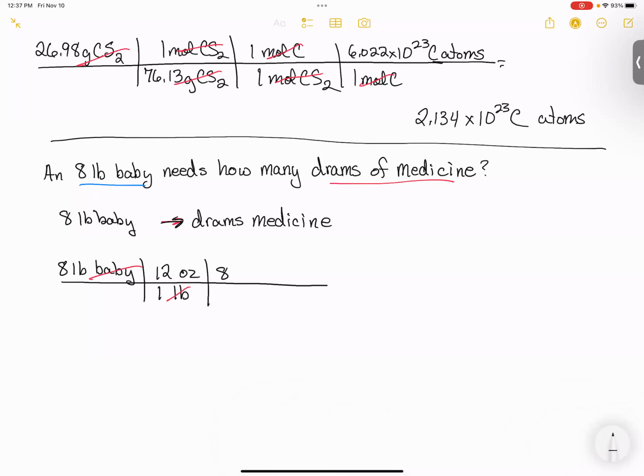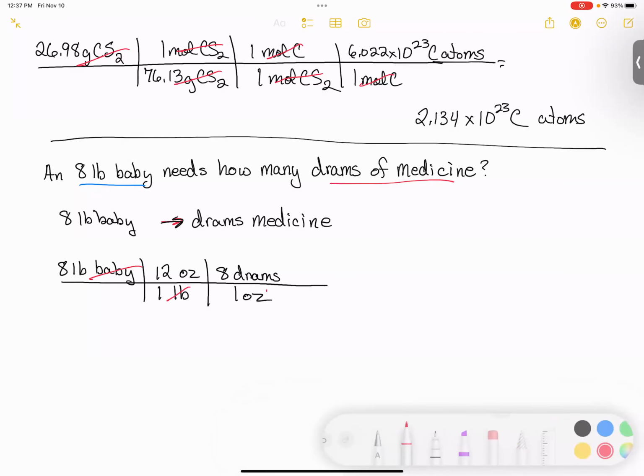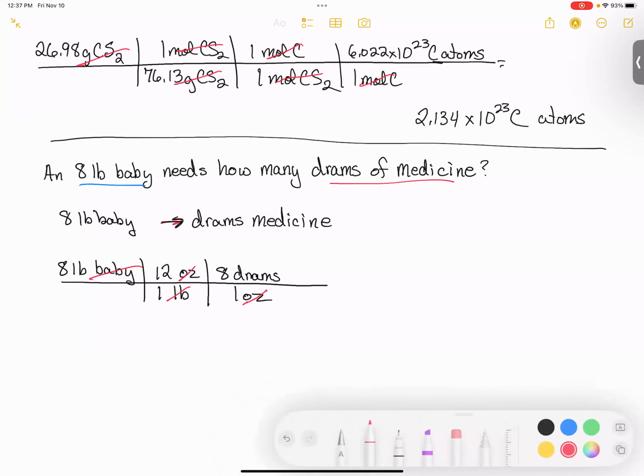So there are 8 drams in 1 ounce. And I was asked for drams, so that means I'm ready to solve this problem, which comes out to be 768 drams.